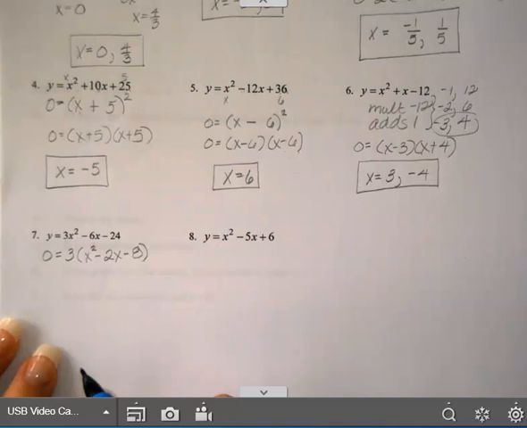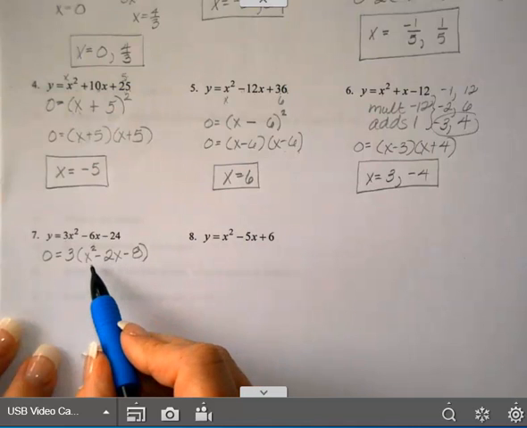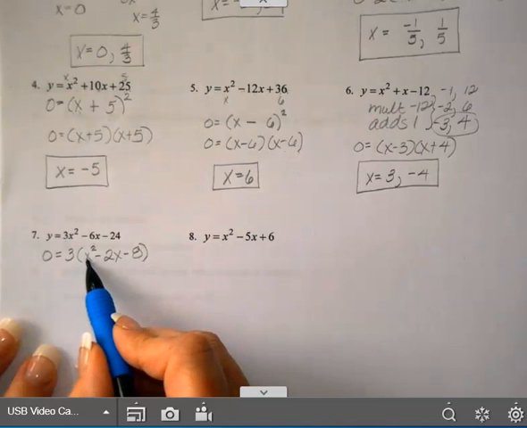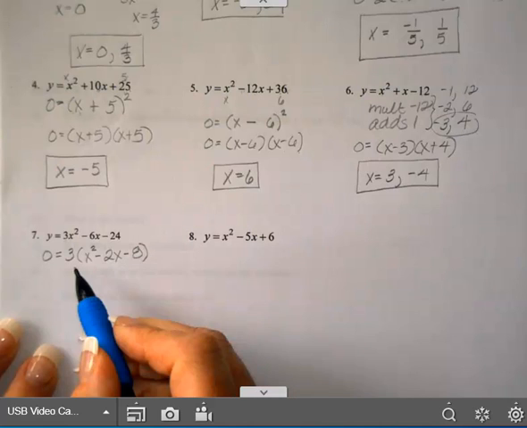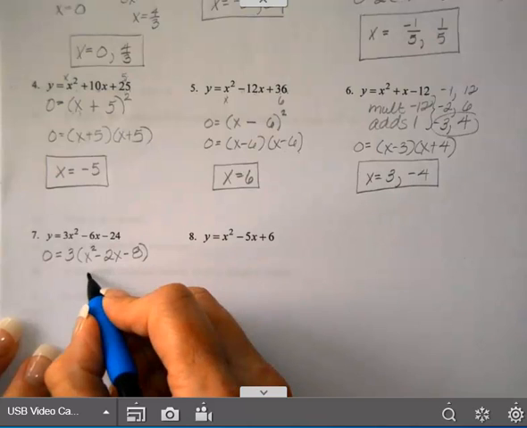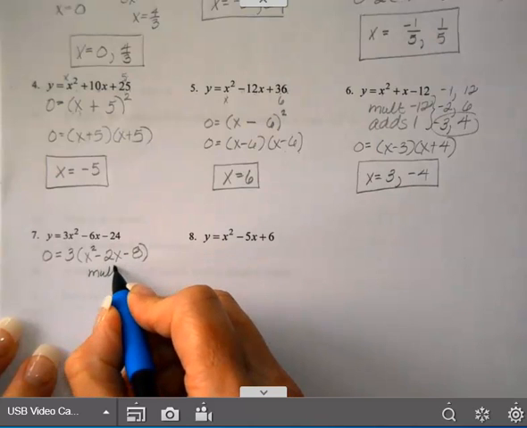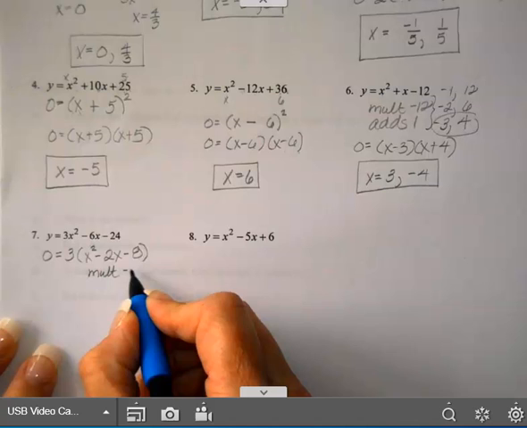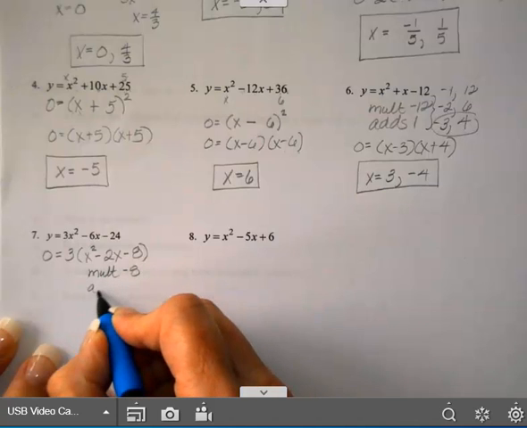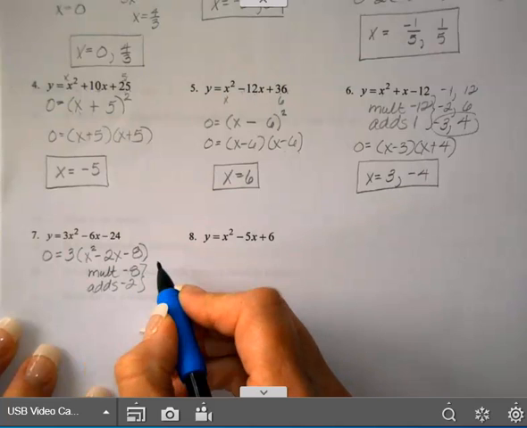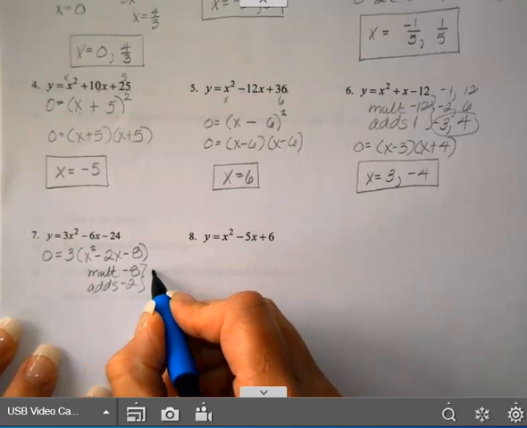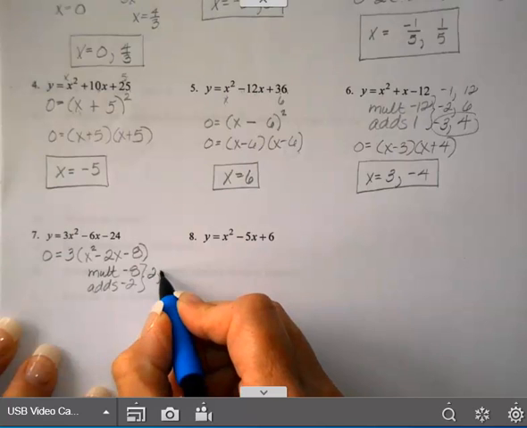So what I try for 3 terms is perfect square trinomial first. That's a square, but negative 8 is not a square. So I'm going to move on. Leading coefficient is 1. So I want something that multiplies to negative 8 and adds to negative 2. And that will be 2 and negative 4.